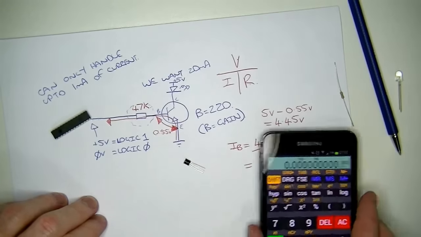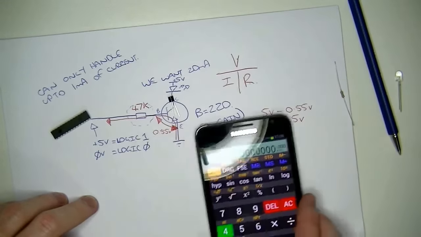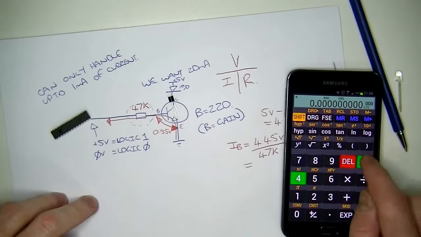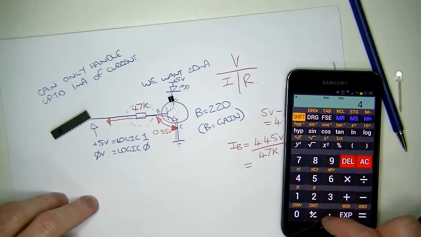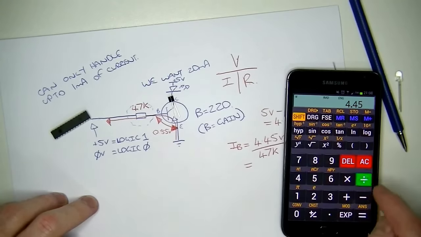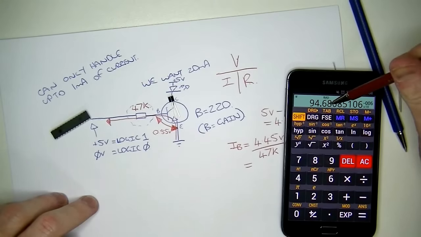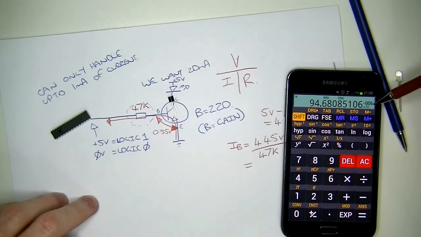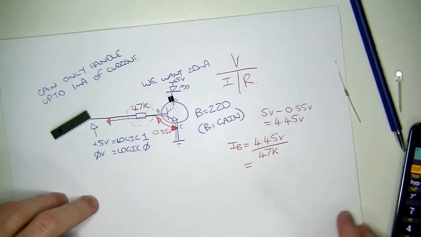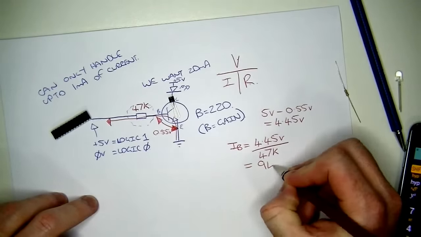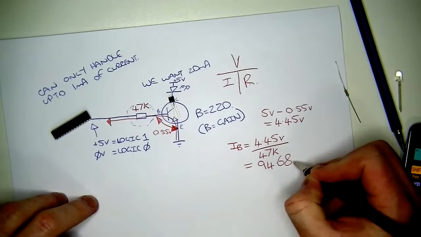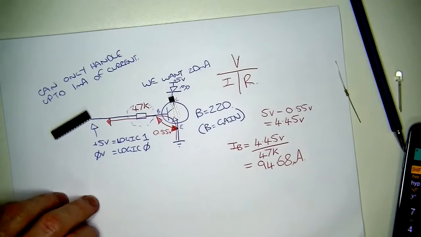Let's do that on our calculator. So, 4.45 divided by 47k. That gives us 94.68 to the negative 6, so that's 94.68 microamps.